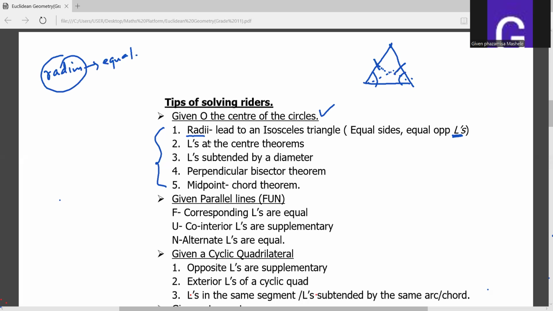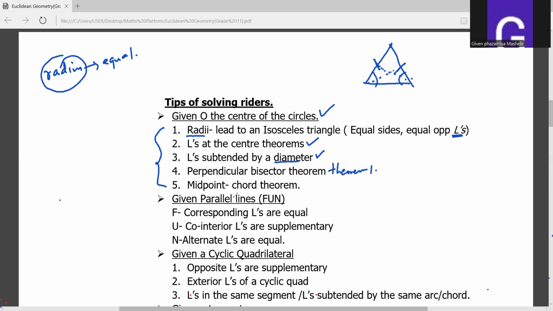The second one is to consider the angle at the center theorem. I think I spoke about that. Because in the angle at the center theorem, there's an O, the center. And you must also consider the angle subtended by a diameter, because where there's a diameter, usually there's a center. Angle subtended by a diameter is equal to 90 degrees. We spoke about that. And you must also consider the perpendicular bisector theorem, which is theorem 1, which we spoke about.